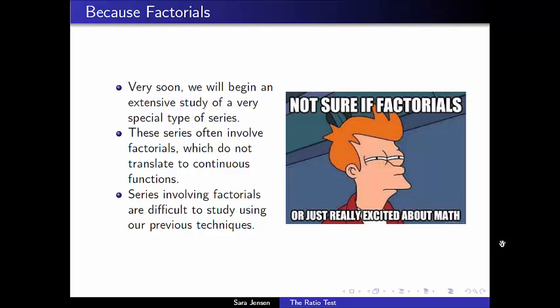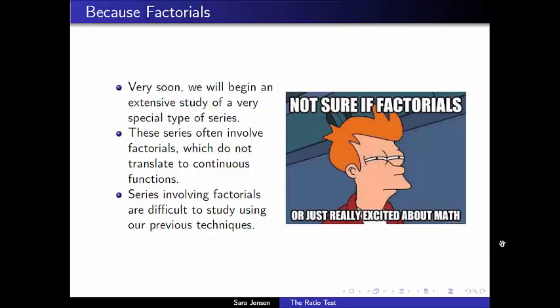Mostly because factorials don't fall under the domain of things like geometric series or telescoping series, and it's a lot harder for us to use limit and direct comparison tests and even alternating series tests on factorials because we're not able to translate what we were doing into some sort of f of x and just think about the continuous analog of this function.